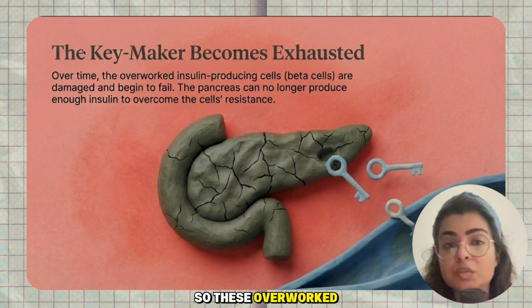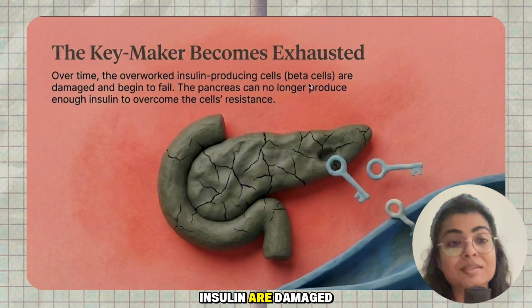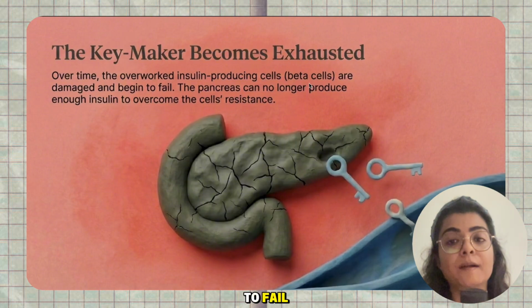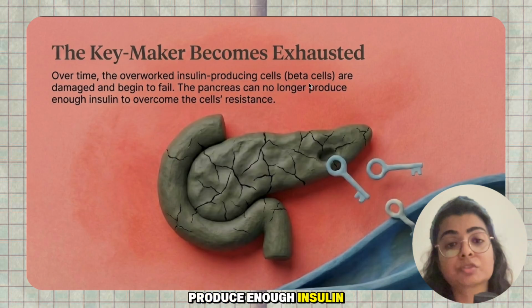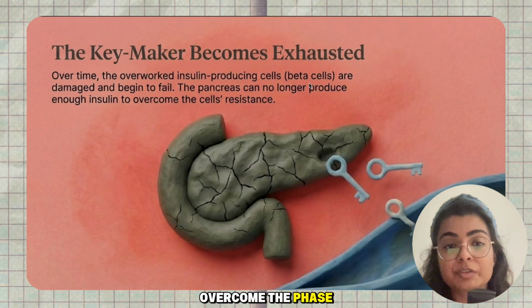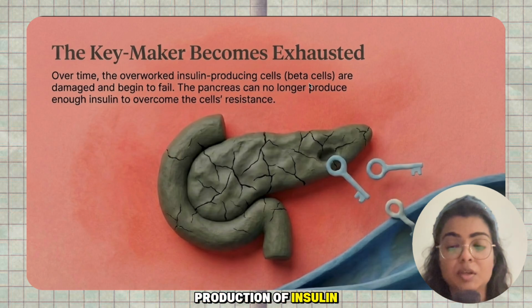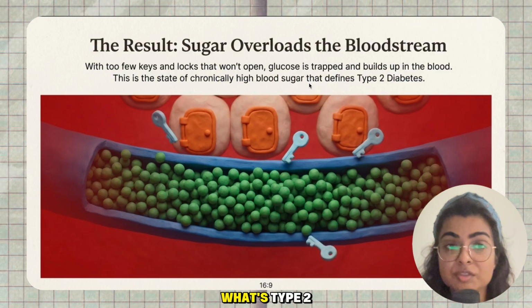So these overworked insulin producing cells, or the beta cells that produce the insulin, are damaged, and they begin to fail, and the pancreas can no longer produce enough insulin, right? And now we have overcome the phase of resistance, and we now have a totally diminished production of insulin, and that's basically what's type 2.